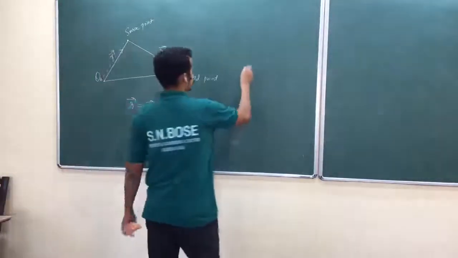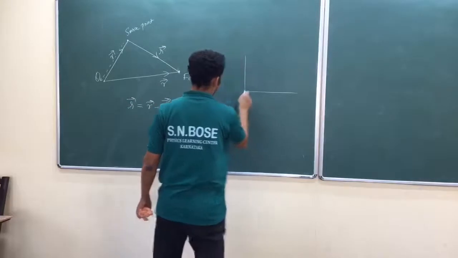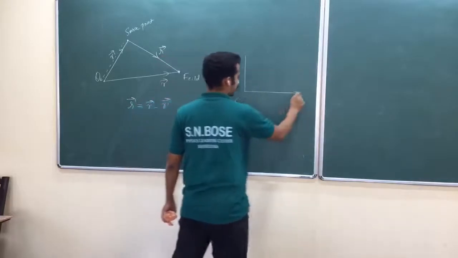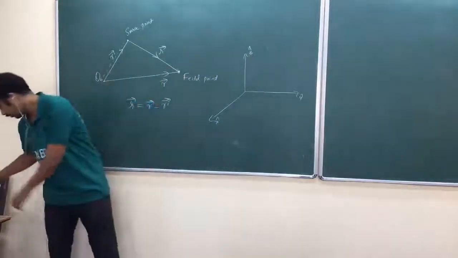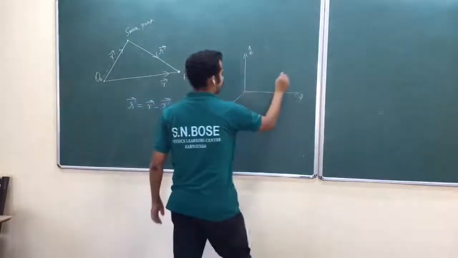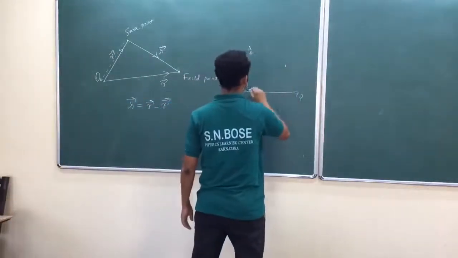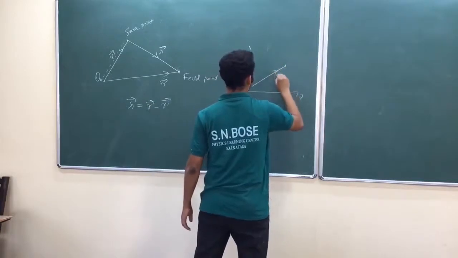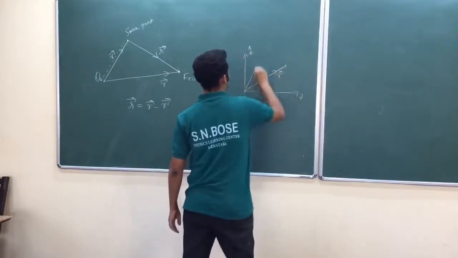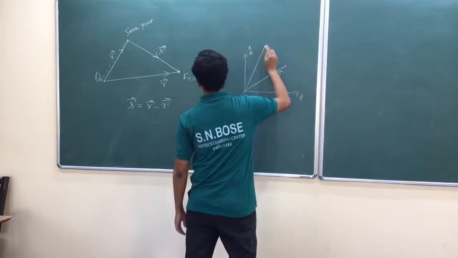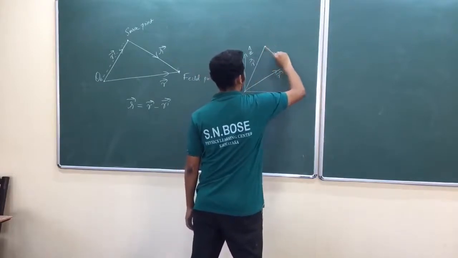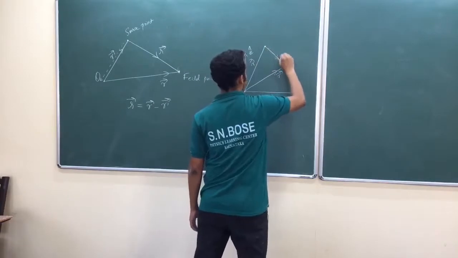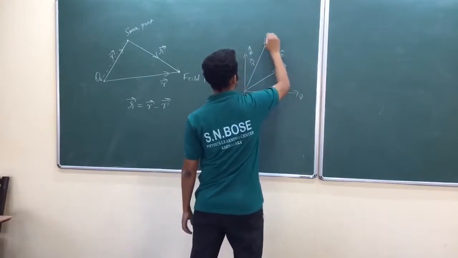So in Cartesian coordinates, again let me take x cap, y cap, z cap, okay. So this is the origin. Now this is my field point, that's represented by R vector. This is my source point, that is R prime vector. From here to here, I have italic R vector.